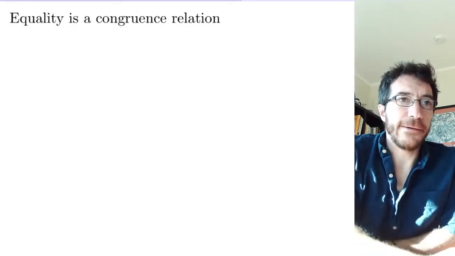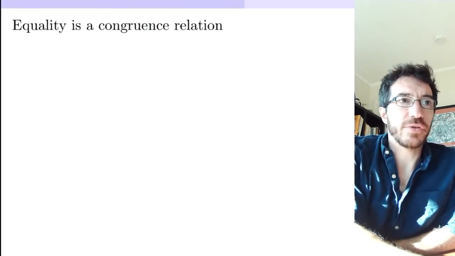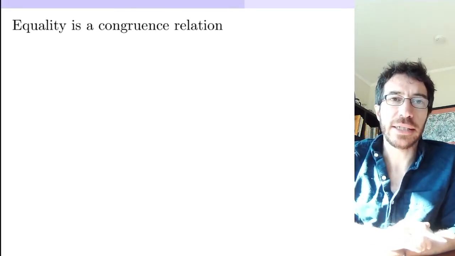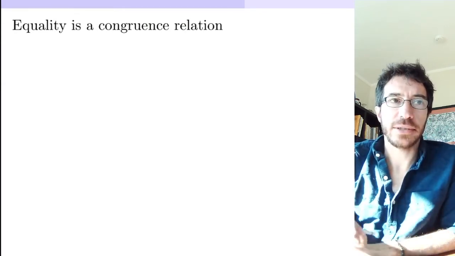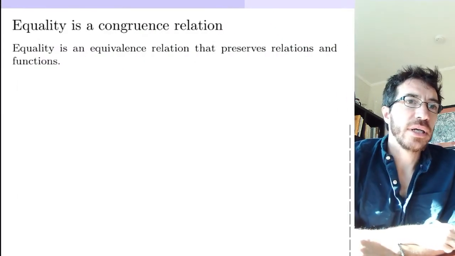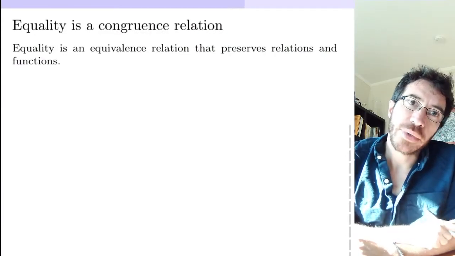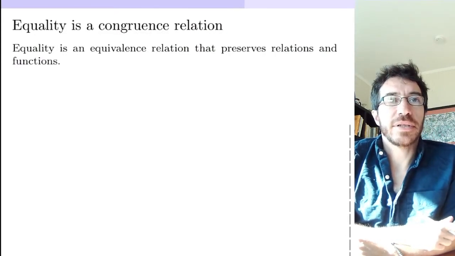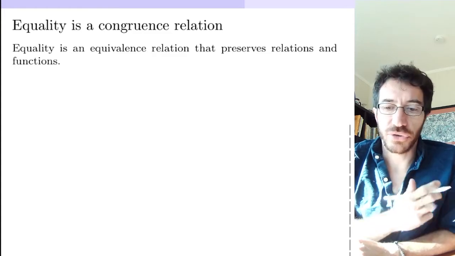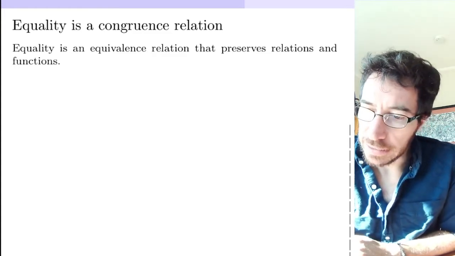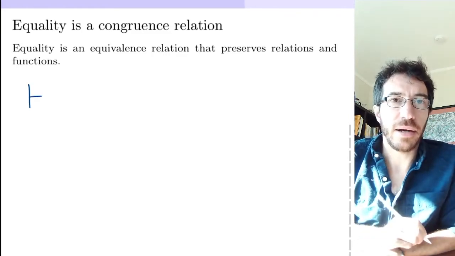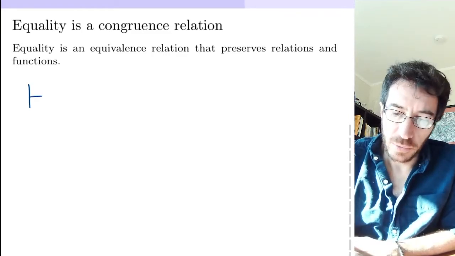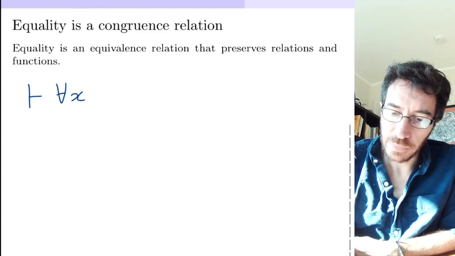Another thing that is important, and it's going to be important for us, is that equality is a congruence relation. Right? Equality symbol. What does it mean, a congruence relation? It means that it's an equivalence relation and that it preserves functions and relations. So what do I mean by that? I mean that we can prove, with no assumptions, with no gamma, that for every x, x equals x.